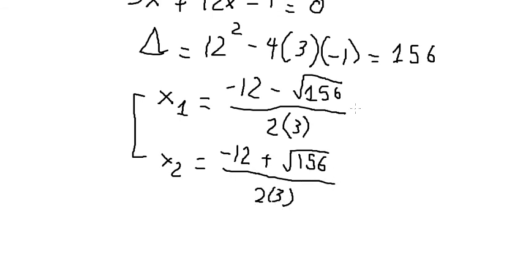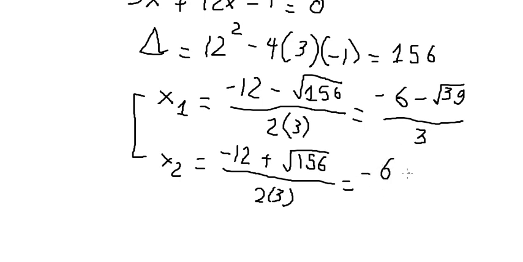So we have two solutions. That should be about minus number 6 minus the square root of 39 over number 3, and minus number 6 plus the square root of 39 over 3.